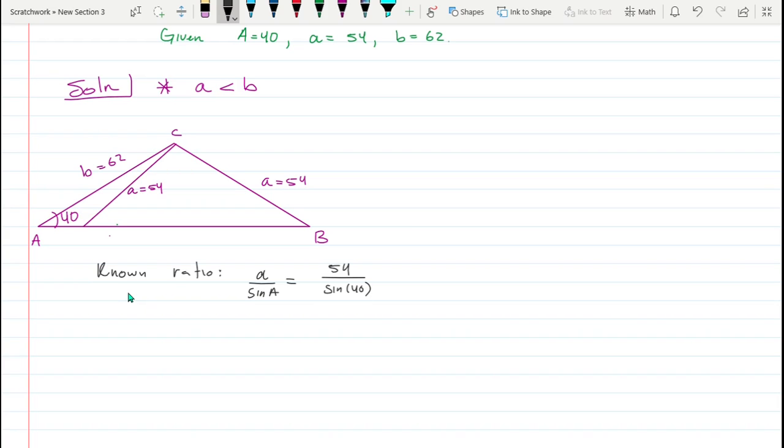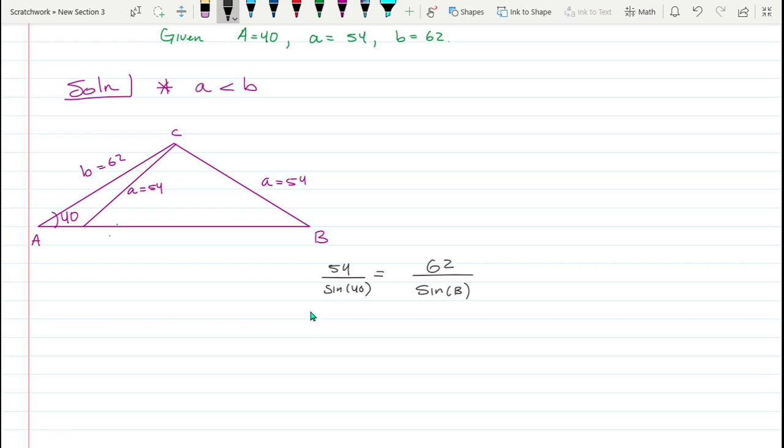So we're going to use that, and we're going to start by taking care of angle B, because it's the opposite side length that we have. We don't have anything else. So we have the opposite, which is 54, but then we also have the opposite of length B. So that's what we're going to solve for first. We know 62 as the length of side B, and we don't know what angle B is.